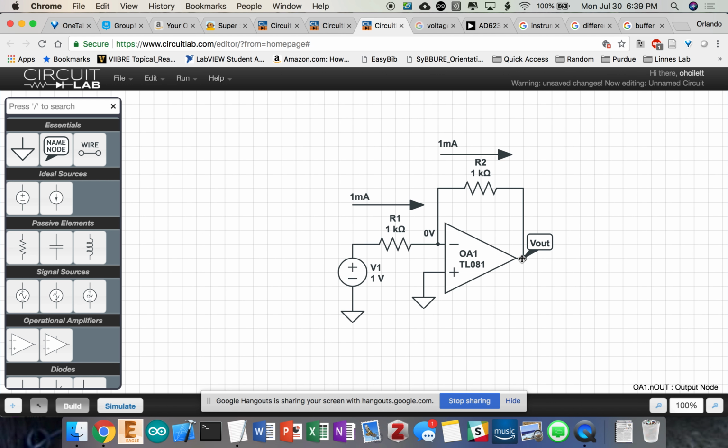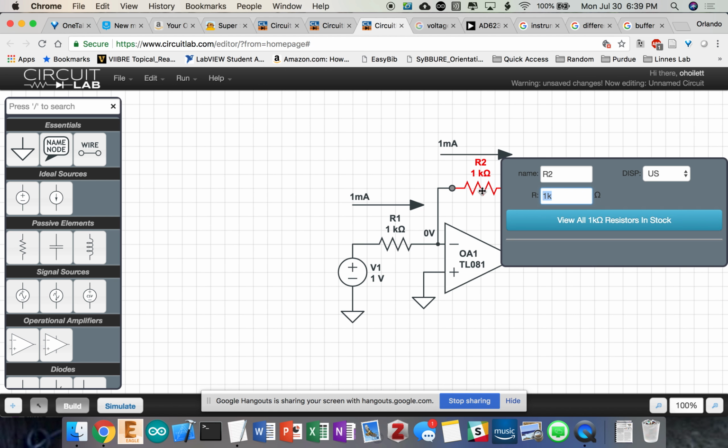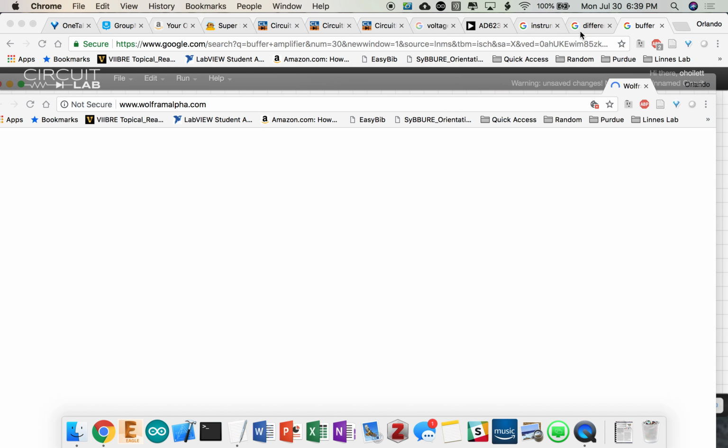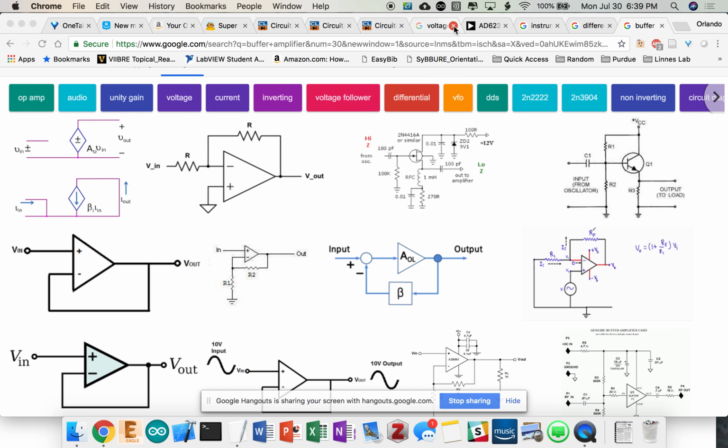But instead of making this 1 kilo ohm, I'll actually go to Wolfram Alpha real quick, because I like Wolfram Alpha for this.